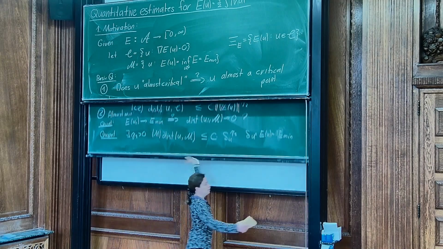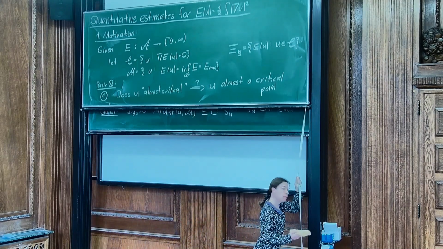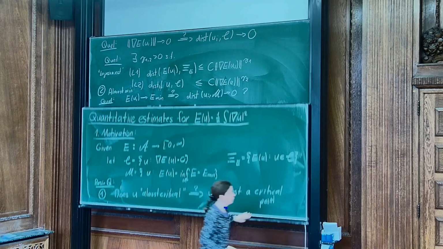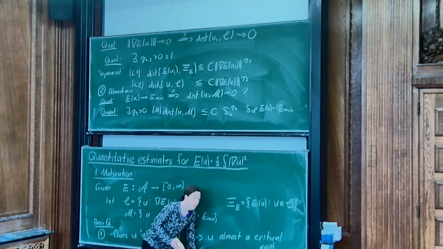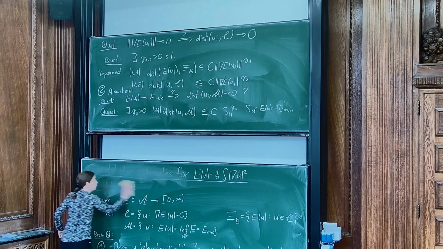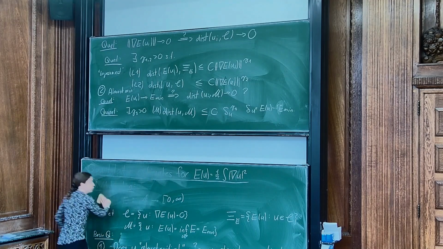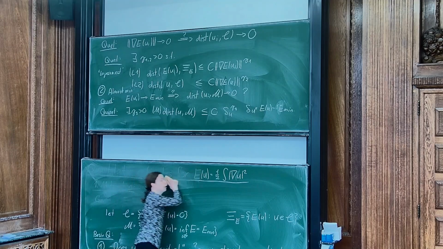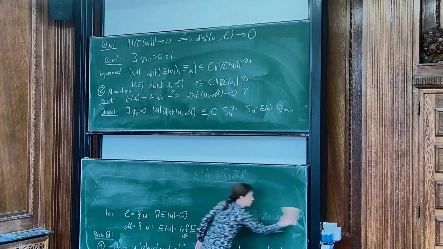So indeed this work of Simon on Łojasiewicz estimates was very much motivated by geometric variational problems, namely by the study of harmonic maps and of minimal surfaces and the behavior of tangent cones for minimal surfaces.